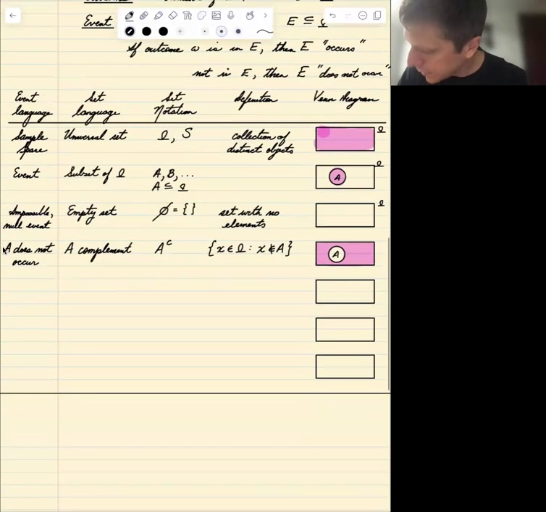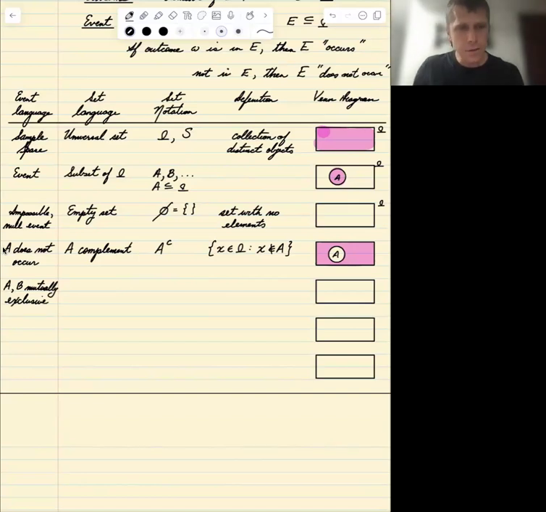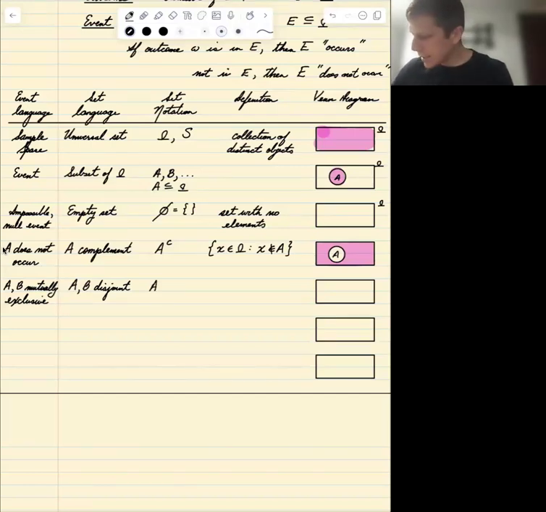Mutually exclusive. So A and B are mutually exclusive. In set theoretic language, to say that A and B are mutually exclusive is to say that A and B are disjoint. By definition, this means that their intersection is empty. We have to define what intersection means in a second.